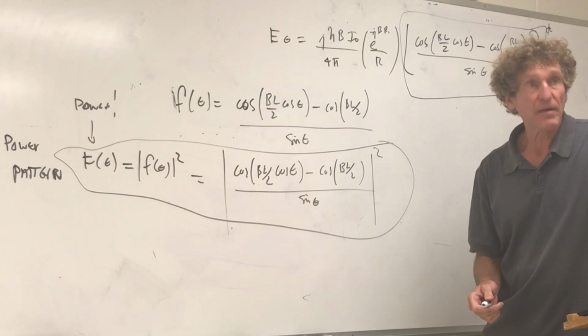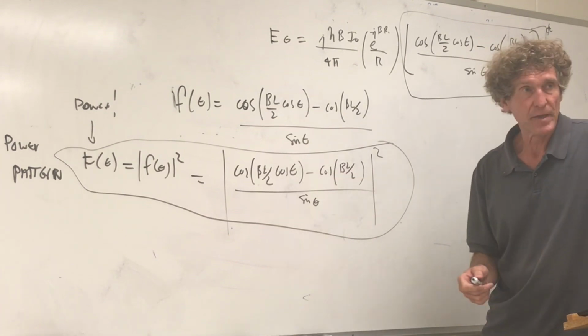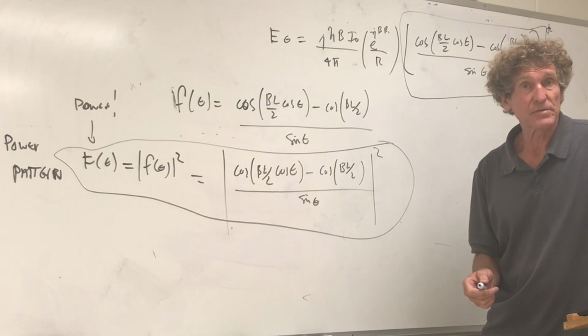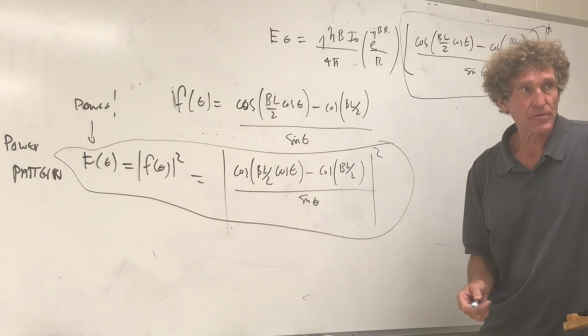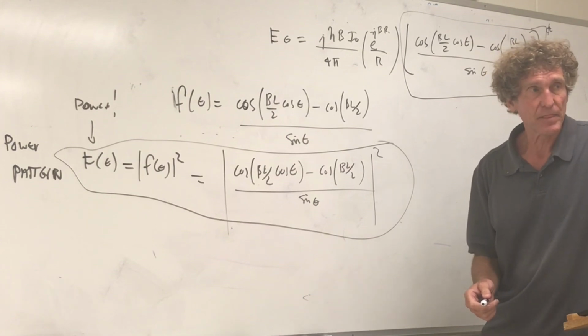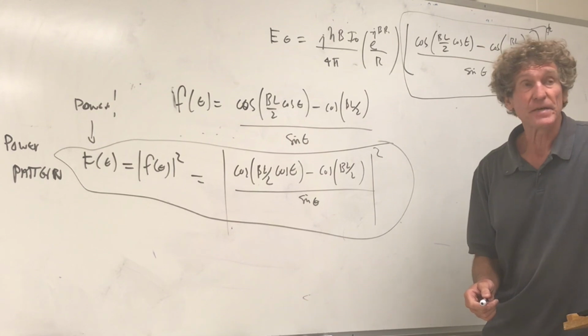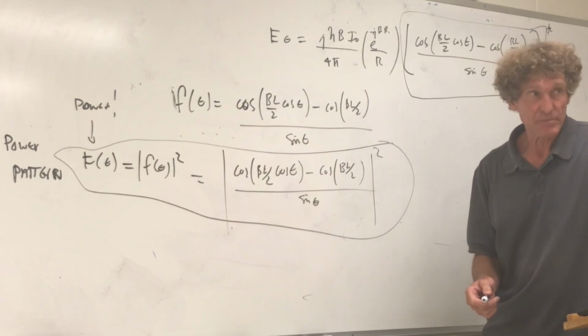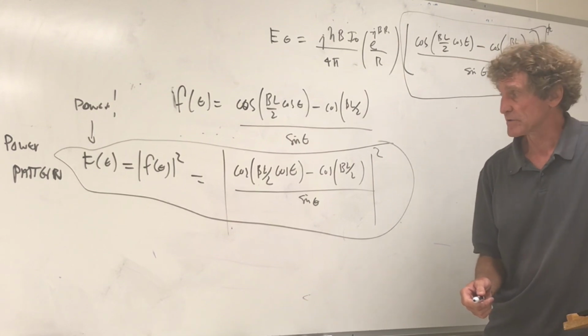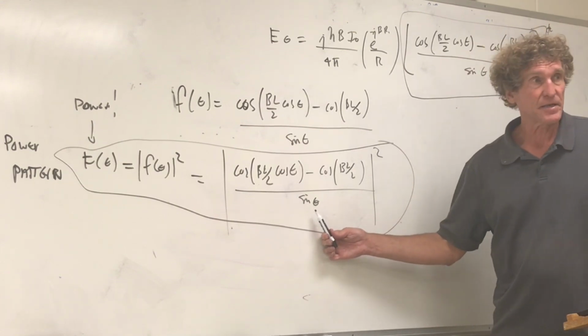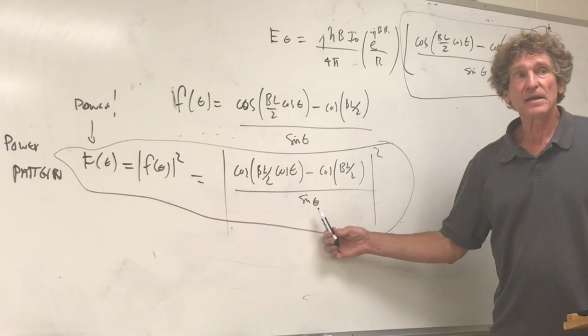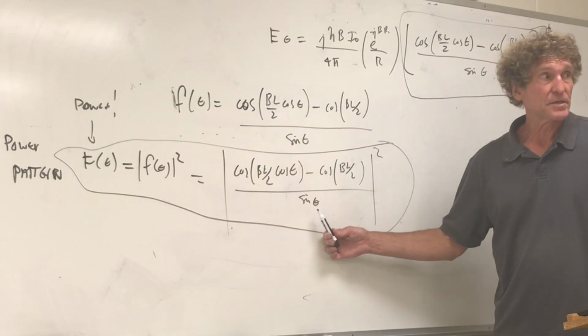It depends on the value of beta and L. It could have a maximum value of 1, and that would be when L is equal to lambda over 2. Just listen to me for a second. But it could have a value that goes to infinity. All right, I'm just saying this. It could have a value that goes to infinity as a max. Now the key is this sine of theta. You see this thing? When sine of theta goes to 0, it would be at theta equals 0, right?